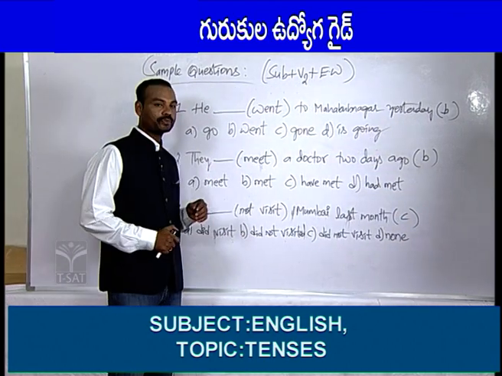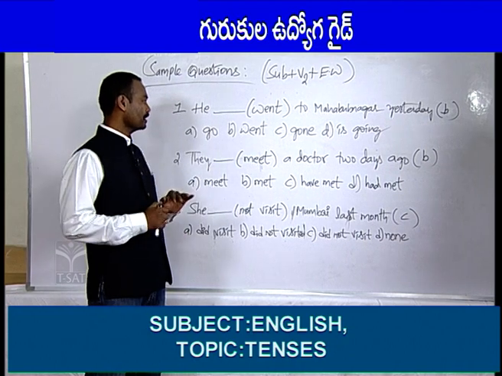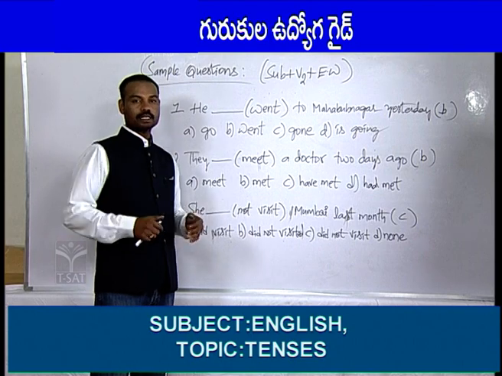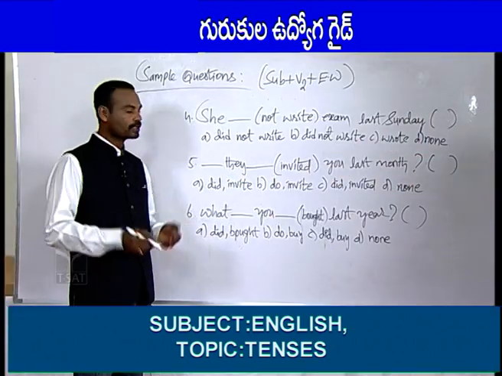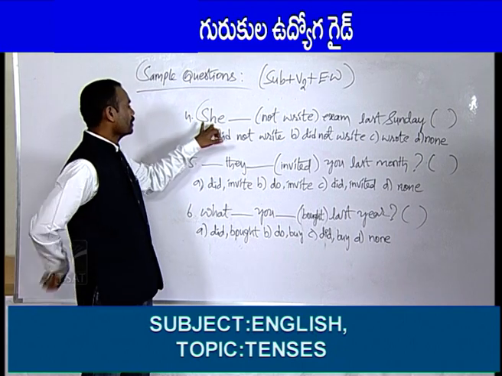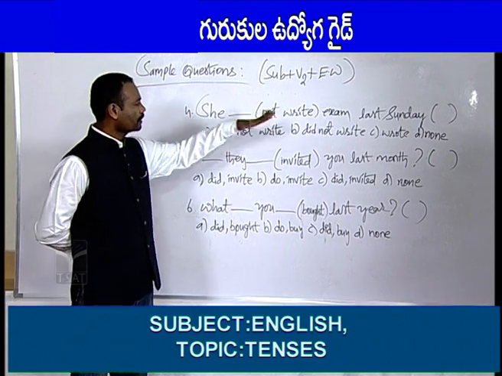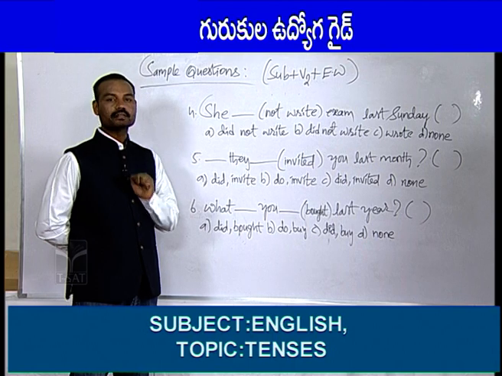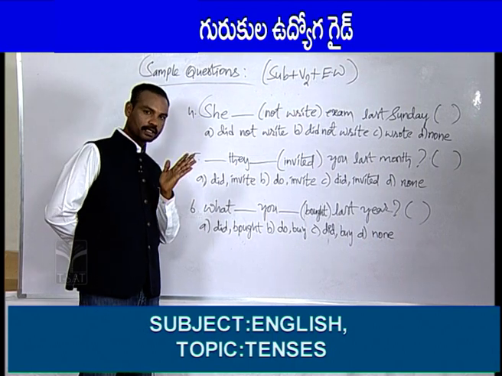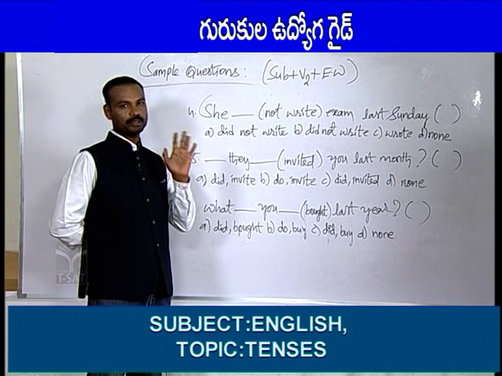This is the answer. So, sometimes in the examinations, they will give you positive sentences, and negative sentences also will be given. Friends, you can see three more most important examples here. She dash, under the bracket not, write exam last Sunday. So, last Sunday is the keyword. So, you can think that it is also simple past.